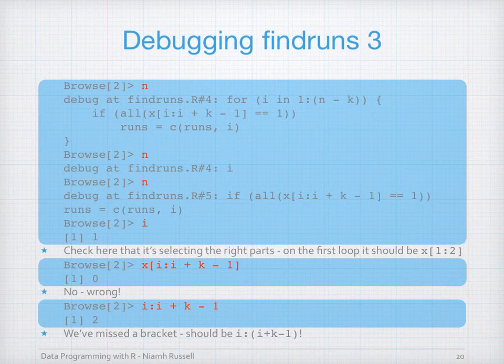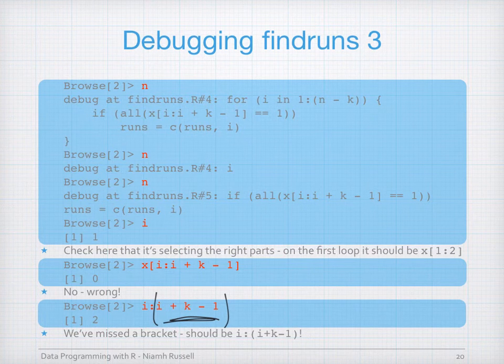So it's not doing the sequence as we thought it would. The reason for that is because we should have brackets around the i plus k minus 1 in order to make sure that all of that is on the right hand side of our sequence. So it's going from i all the way to i plus k minus 1 instead of just from i to i and then adding k minus 1 to it.